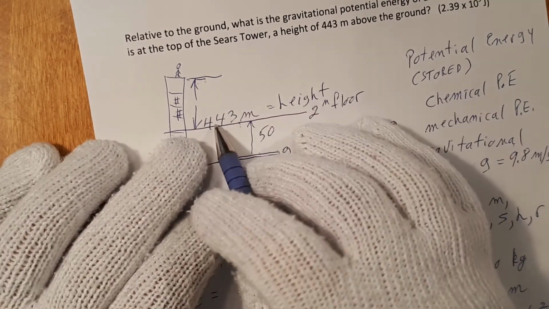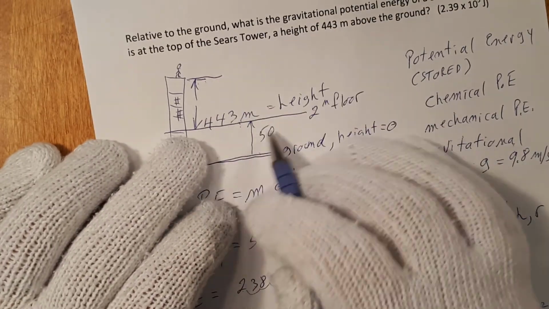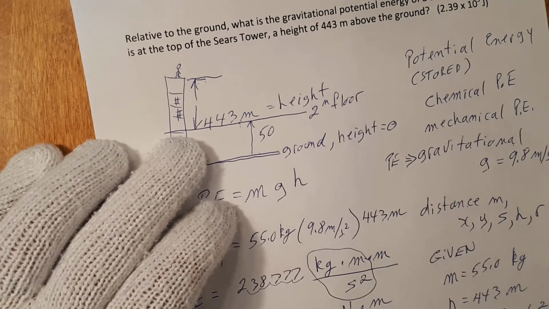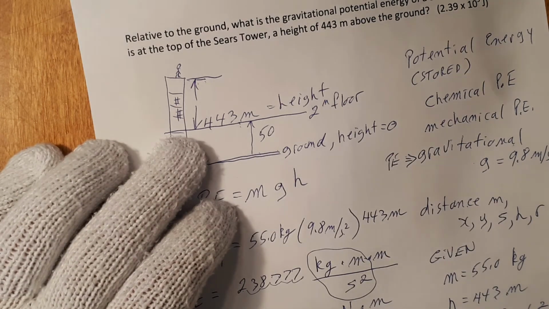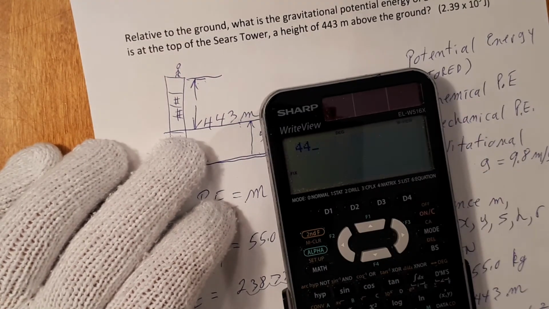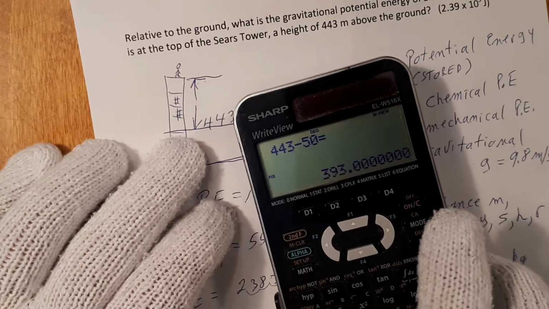And that height would be 443 meters, the original height, minus the 50. I can put that quick number in here. 443 minus 50, 393 meters.